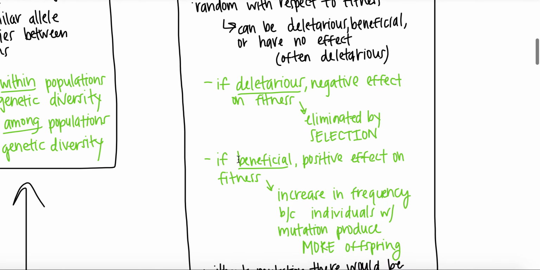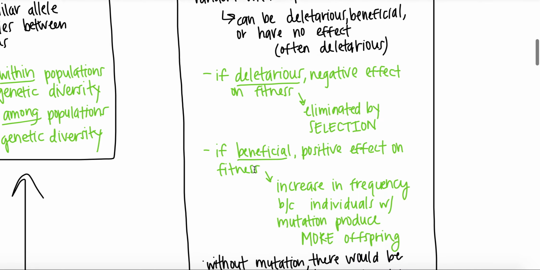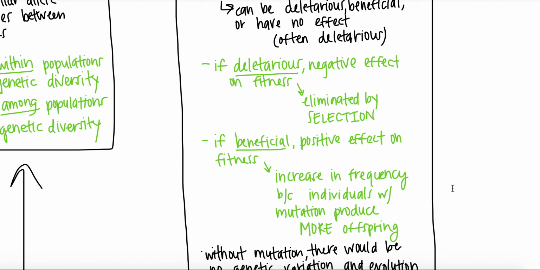And if the mutation is beneficial, it will have a positive effect on fitness. This will increase, so the trait will increase in frequency because individuals with the mutation will produce more offspring. So let's say the situation with the bacterial colony is flipped. All of them are not resistant to the antibacterial, and all of a sudden one of them develops a mutation that allows it to be resistant.